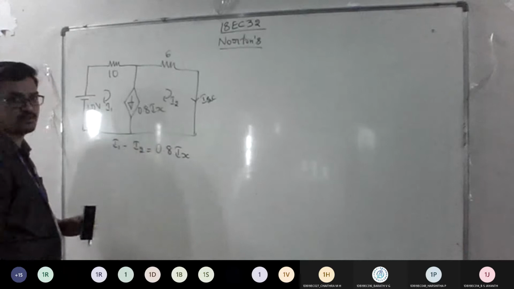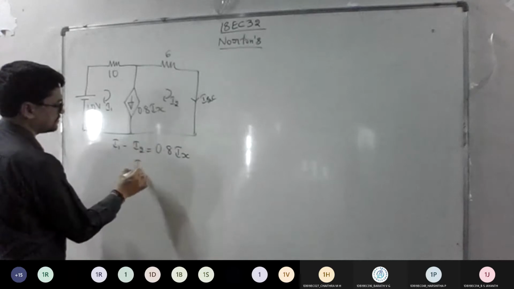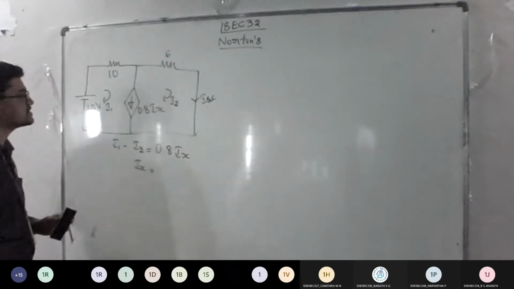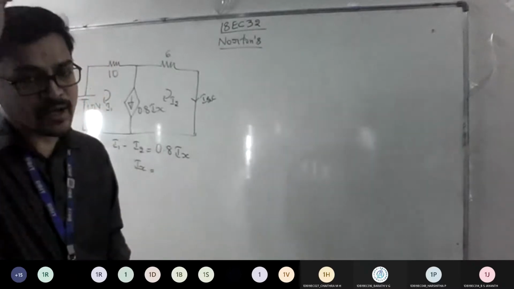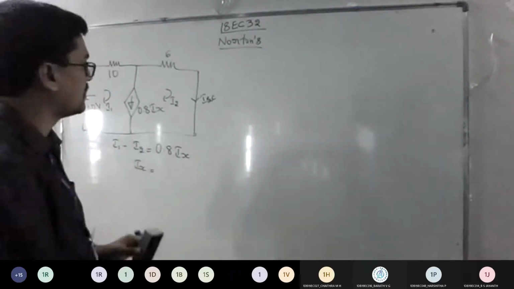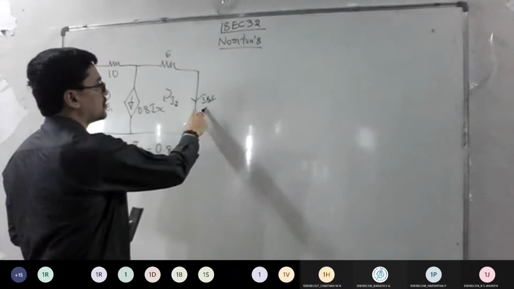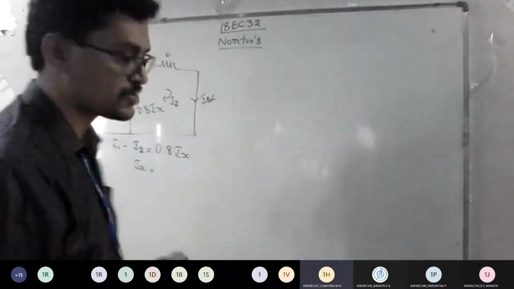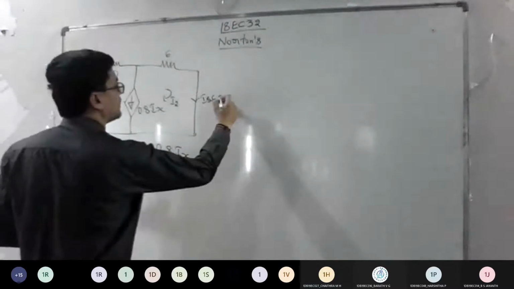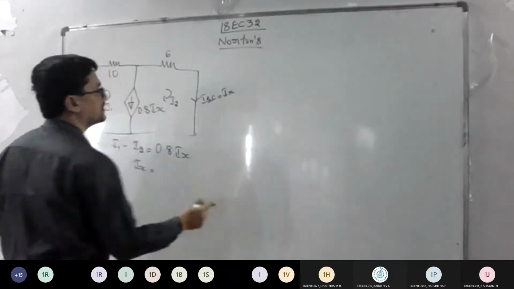Before going to solve, what is Ix now? Where is Ix here? I gave Ix across where? 16 ohm. Nothing but here only, correct? So I can take Ix is equal to I2 only. We know that Ix and your short circuit current both are the same.